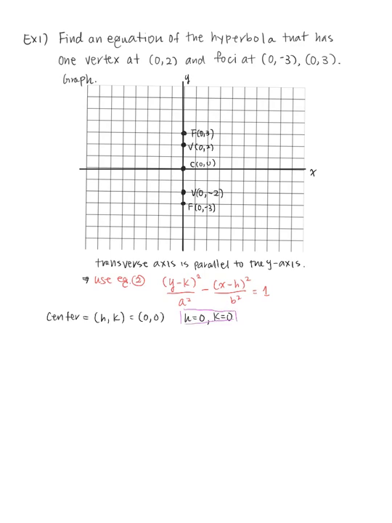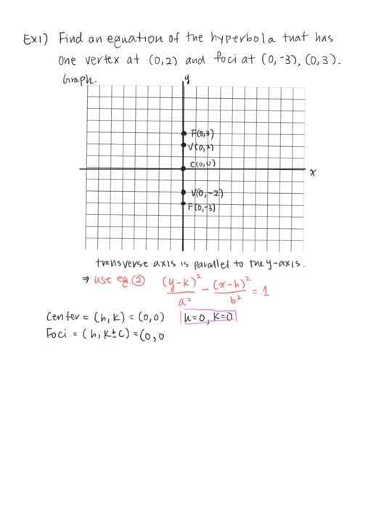Now what's next? Let's go with the foci. The formula for the foci is (h, k plus or minus c). Again, you're going to be given this formula sheet, so don't worry about memorizing it. So here we get (0, 0 plus or minus c). But remember, c was the distance from the center to a focus. They're all the same distance anyway.